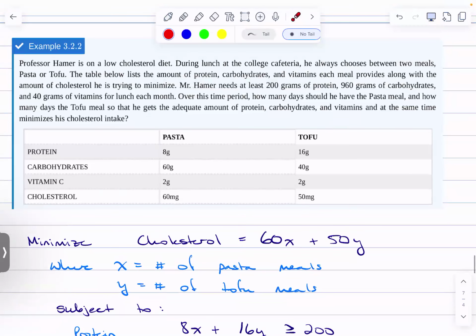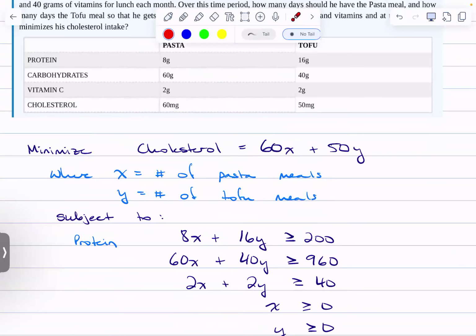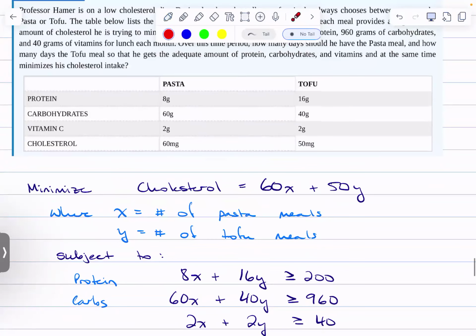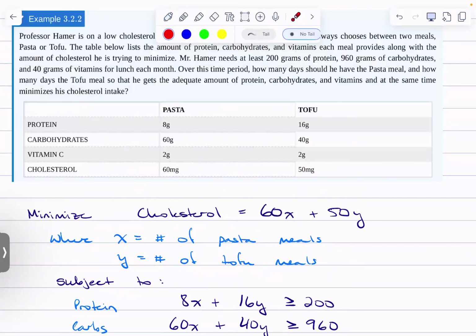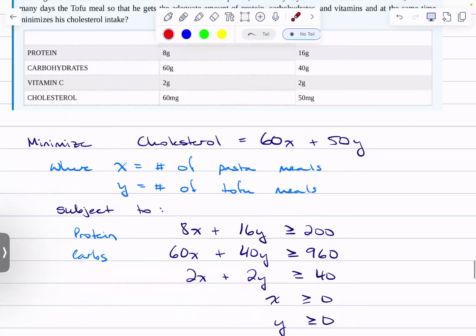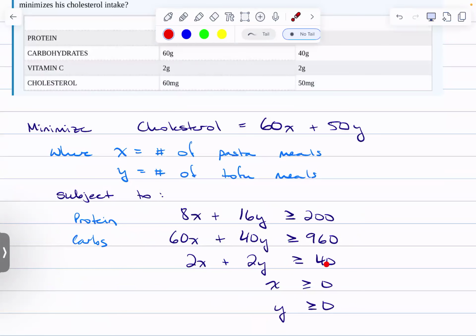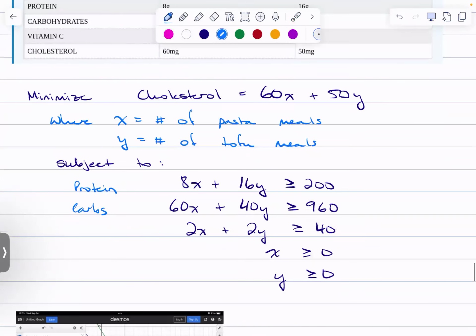We needed 960 grams of carbohydrates, so 60x plus 40y has to be at least 960. This is the carbs. And finally, 40 grams of vitamins, presumably vitamin C because that's all we have: 2x plus 2y has to be greater than or equal to 40. So here's the vitamin C.